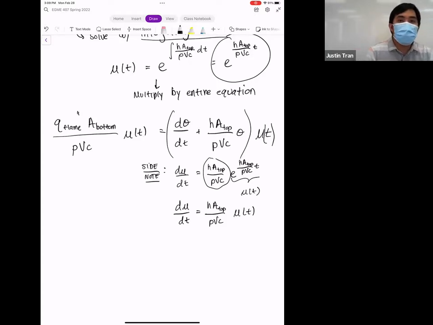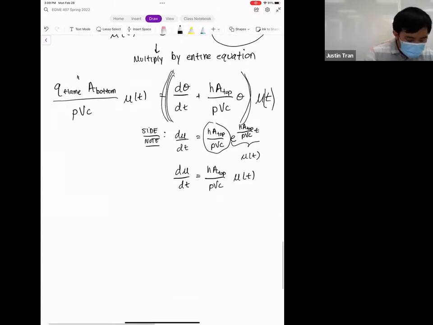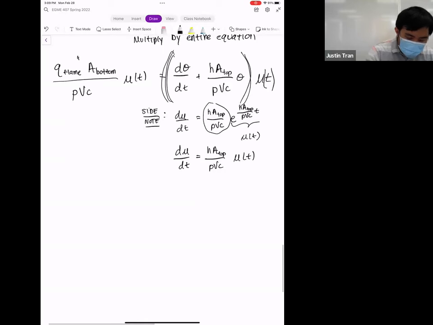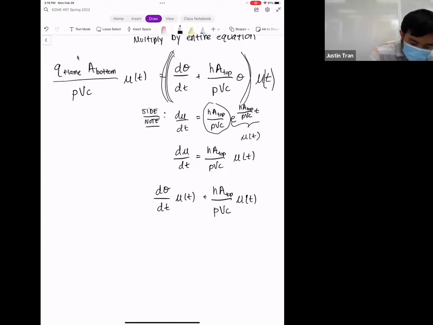And so the whole point of the integrating factor is really just to focus on the side of the equation with the time derivative. Because some magic is going to happen, and I'll show you in a bit. When we multiply mu of T by this entire side of the equation right here, we get d theta dt times mu of T plus h a top divided by rho VC times mu of T times theta.